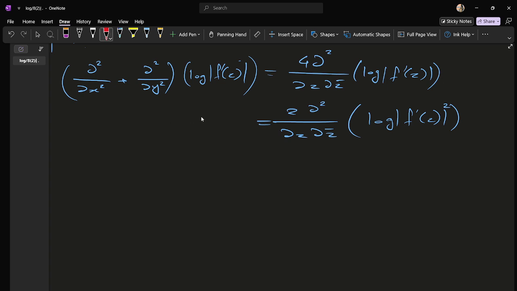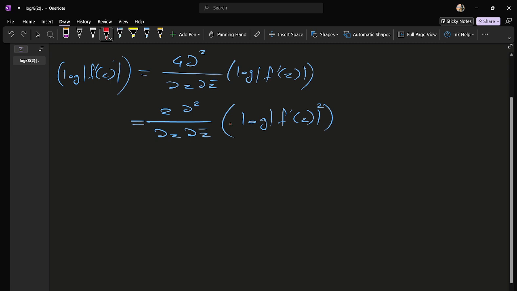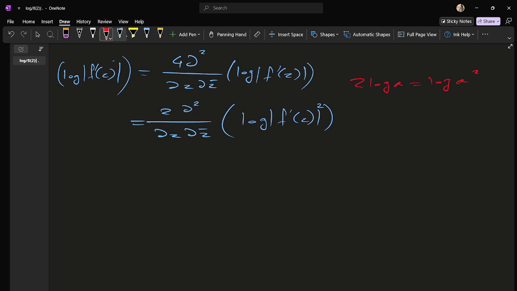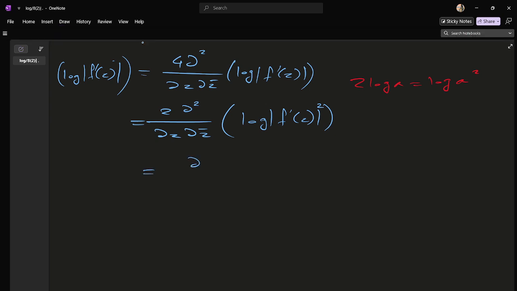We are using the fact that 2 log a is equal to log a square. Then these 2 come here, and it's log of mod f dash z whole square. Now we can rewrite it as this.